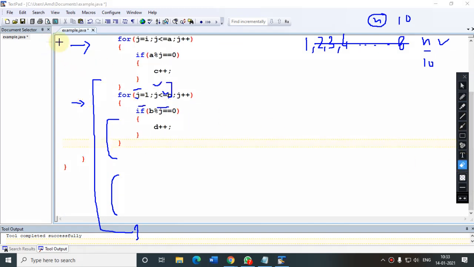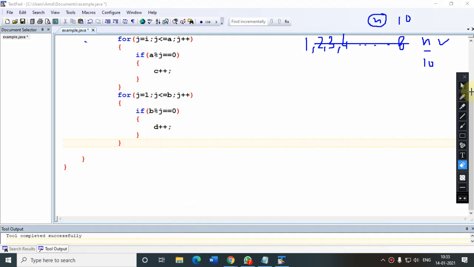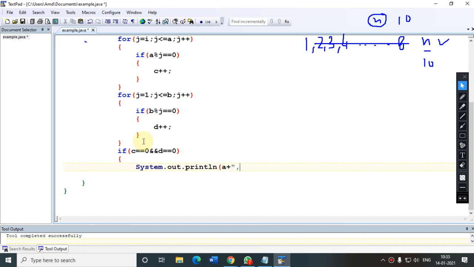Now we will put a simple condition of prime number. So if c equals to 0 and at the same time d equals to 0, then what we are supposed to print? We are supposed to print the pair, which pair? That is a and b, and the program is over.